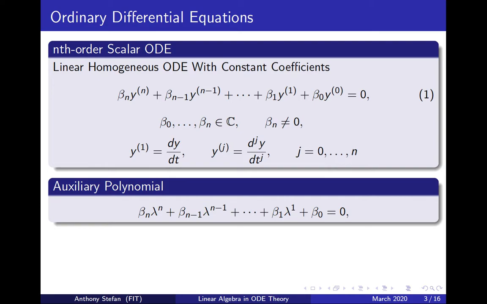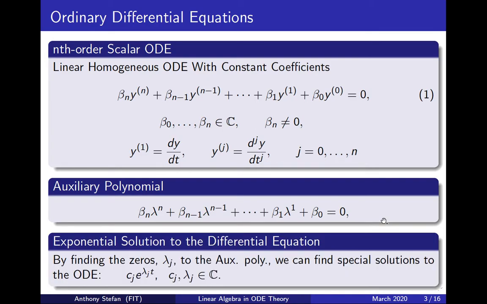Every ODE can be associated with an auxiliary polynomial. This auxiliary polynomial here is in this form. As you can see, there is a relationship between equation 1 and the auxiliary polynomial. Solutions to the ODE come from finding zeros, which we will denote by lambda sub j, of the auxiliary polynomial.